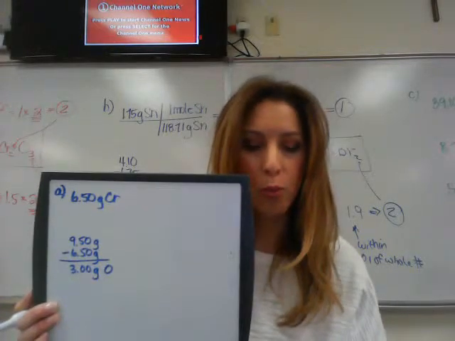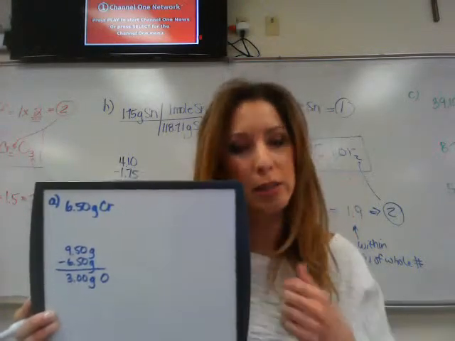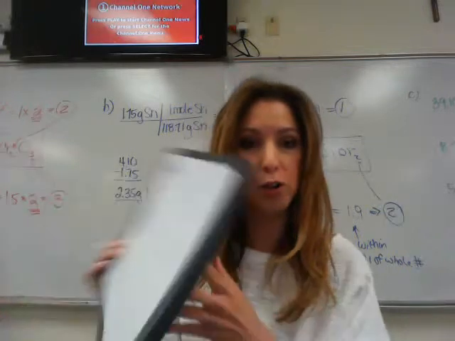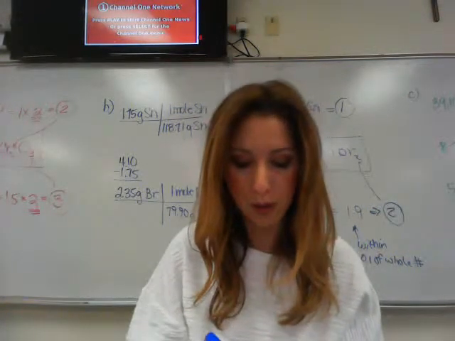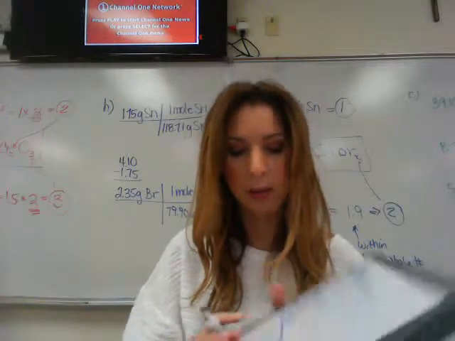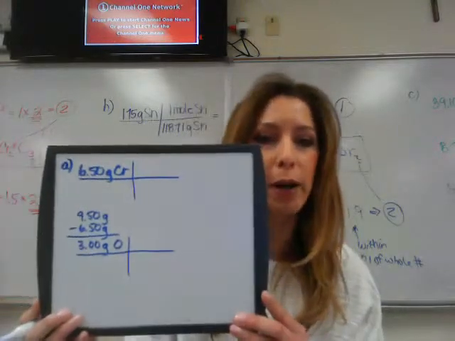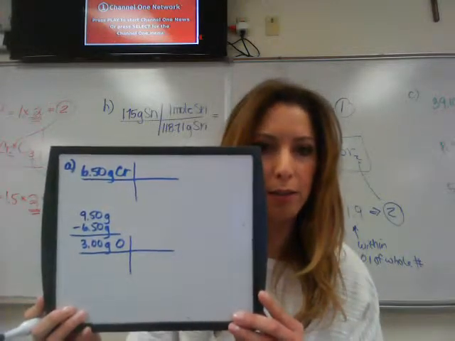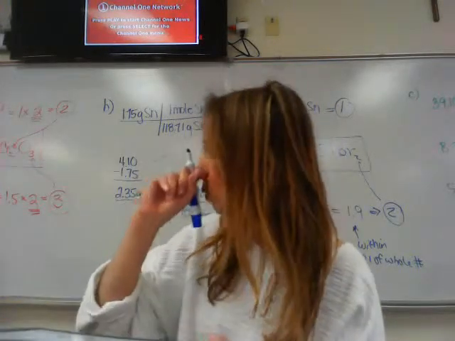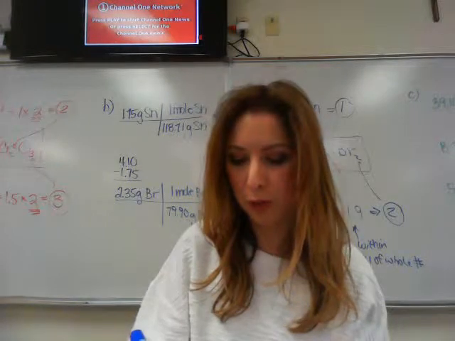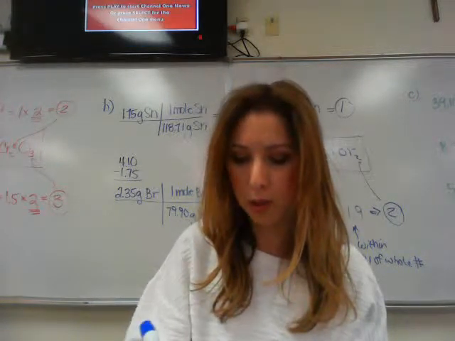Okay, so when we have the mass of the elements that are in the compound, you have to convert the masses to moles first. So the first step is convert grams to moles by dividing by the molar mass. Okay, so I set up my little grids. The molar mass of chromium on the periodic table is 52.00 grams.